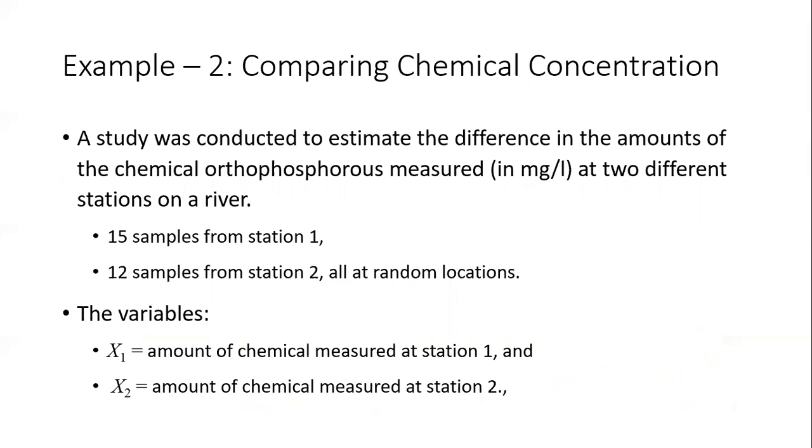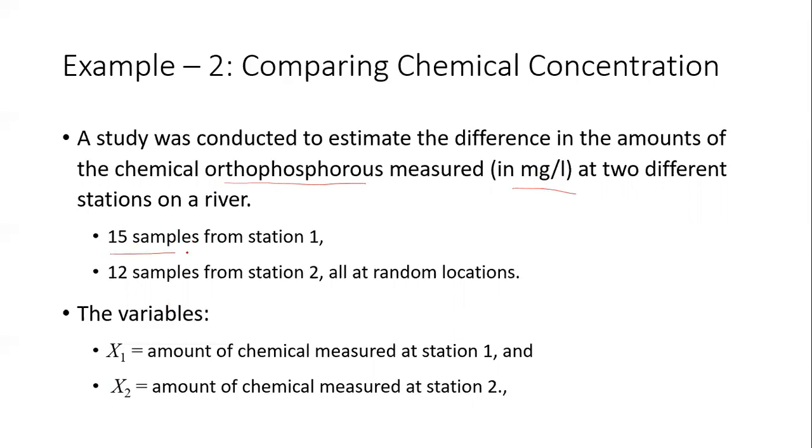Now, another example is comparing the chemical concentration in a river. A study was conducted to estimate the difference of the amounts of the chemical orthophosphorus measured at two different stations on a river. So they have two different stations in a river, and they measure the amount of orthophosphorus in milligrams per liter.